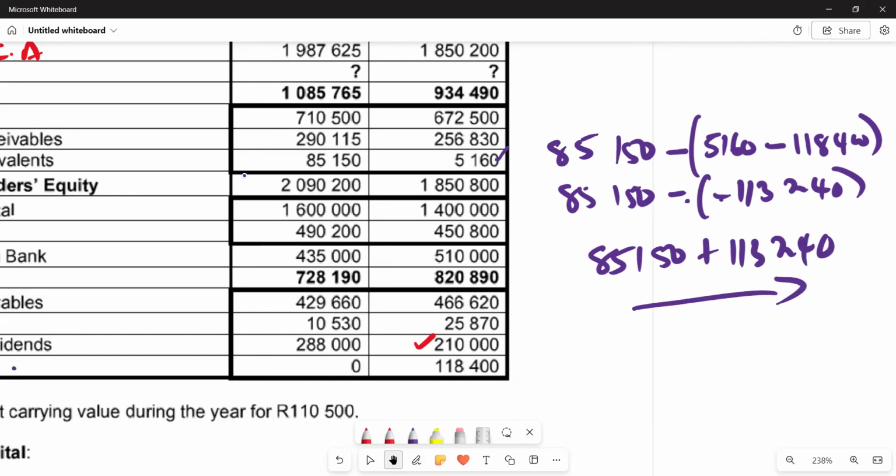So we can just go and summarize this final working. We do the addition, and you are going to get the final answer, 198,390. So this is how we are going to summarize it on the other section.